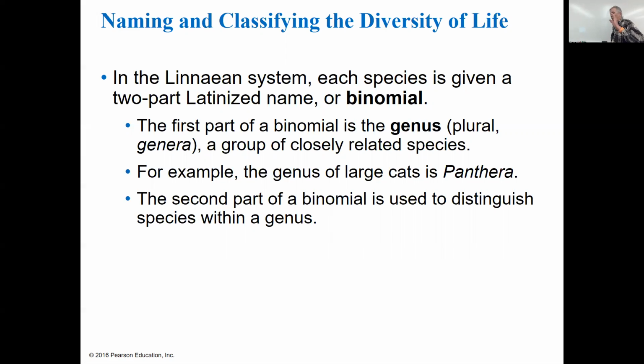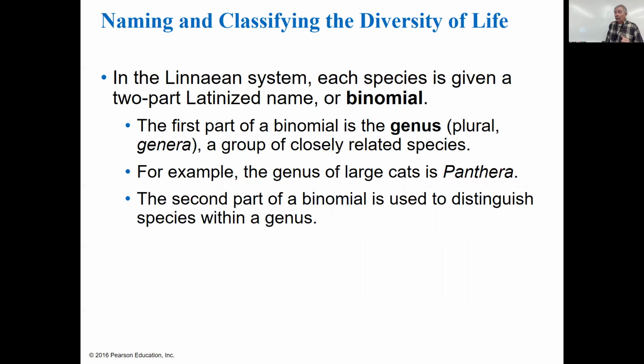The genus is always capitalized, all right? And then the second part of the binomial is used to distinguish species within a genus, and it's often called the specific epithet. There's going to be a small group of closely related organisms in a genus, but one of those has a specific epithet.